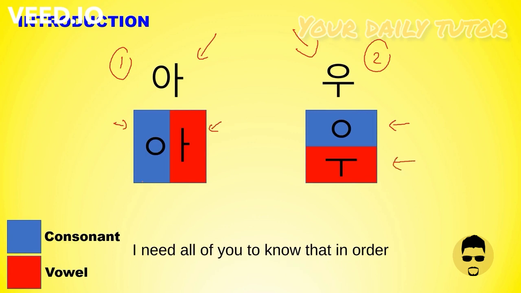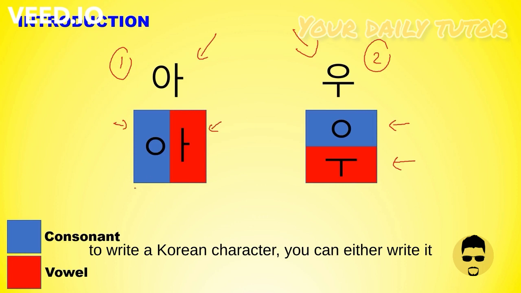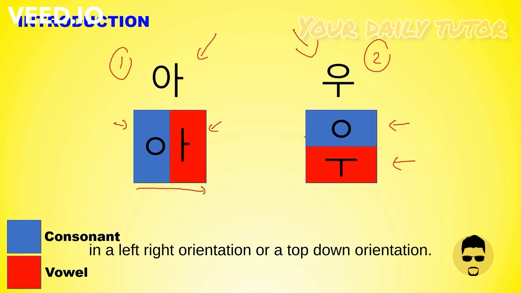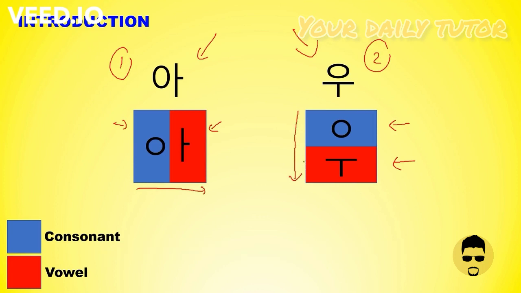I need all of you to know that in order to write a Korean character, you can either write it in a left-right orientation or a top-down orientation. In fact, in order to determine whether a character should be in left-right orientation or a top-down orientation, we need to look at the vowel.